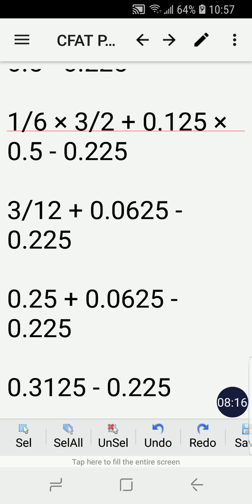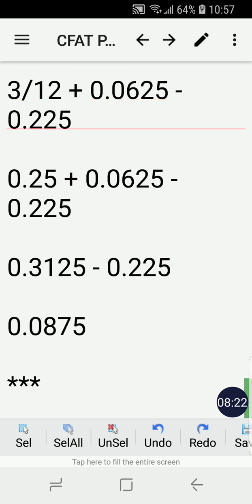And so now 3/12, we convert that into a decimal equivalent, which is 0.25. We copy the 0.0625 and the minus 0.225. So we simplify further. 0.25 plus 0.0625 is equal to 0.3125, minus 0.225 is equal to 0.0875.